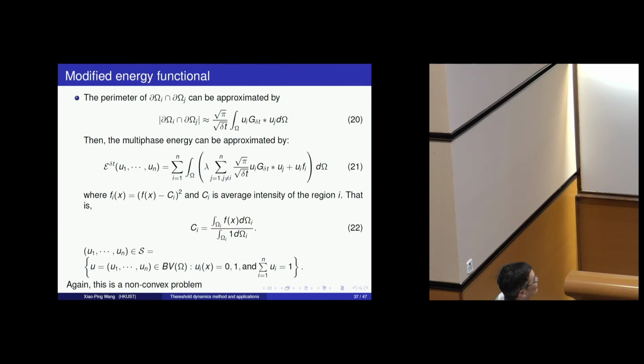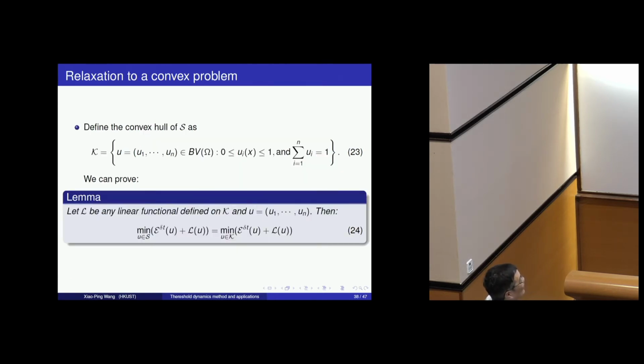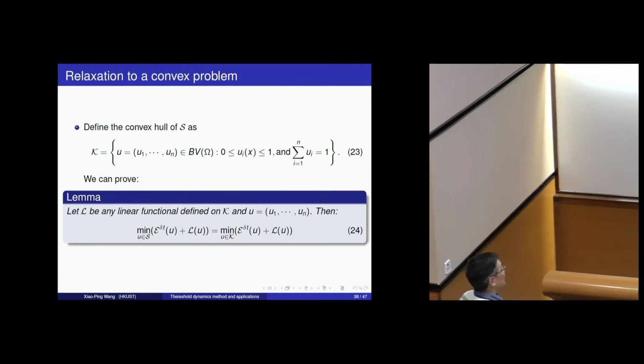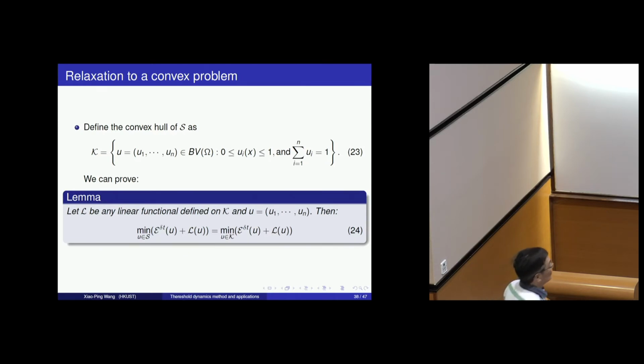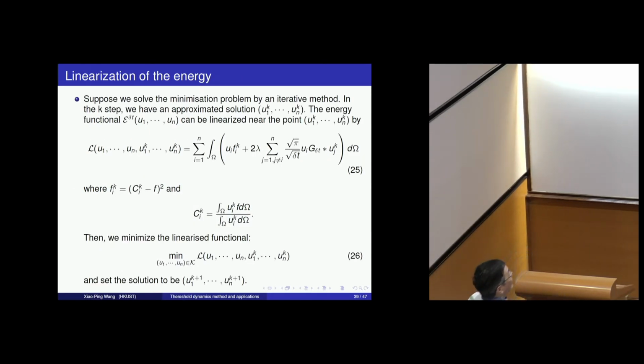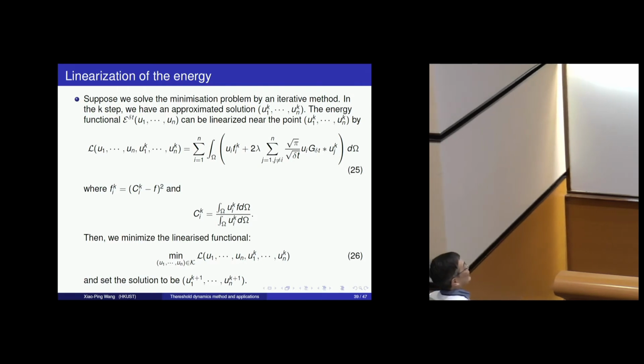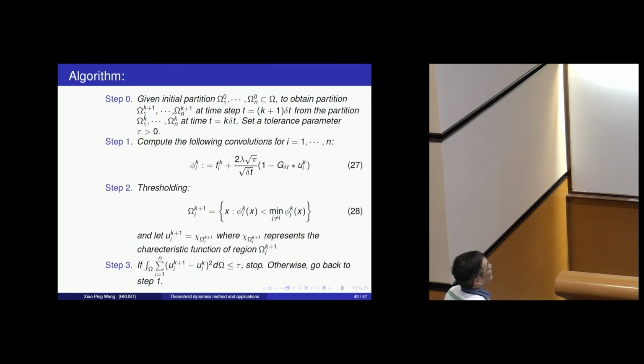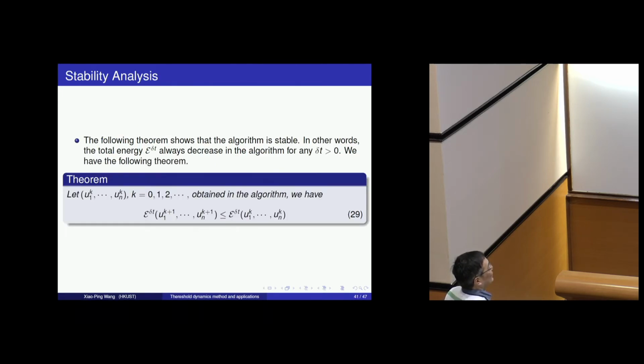So the threshold dynamics method can be easily generalized to this problem. In fact, it's exactly the same, except that the energy term is different. Again it's a convolution with the heat kernel in one step and thresholding in the other step. And you have the energy decaying property also.